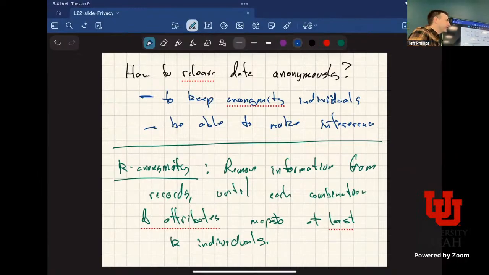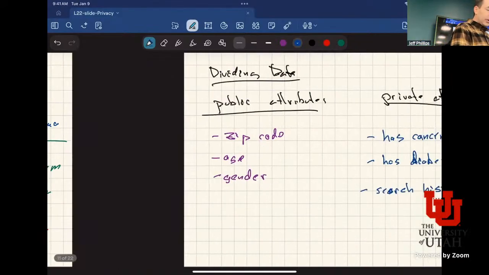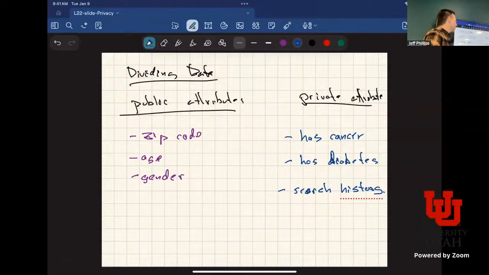So when I talked about K-anonymity, it did not necessarily talk about the difference between the public and the private attributes, right? One of the reasons this is not necessarily the most common way to do privacy preservation now is this: I'm releasing the public attributes, but I can't zero in on up to K individuals, up to 10 people have basically the same sort of public attributes.